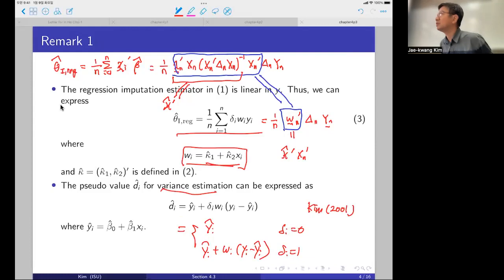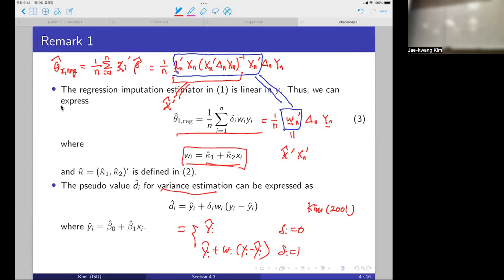For delta 0, there is no information that we can adjust. We can only adjust when we observe the data. So that's why the weight adjustment is applied only to the observed data, the delta equal to 1 case.